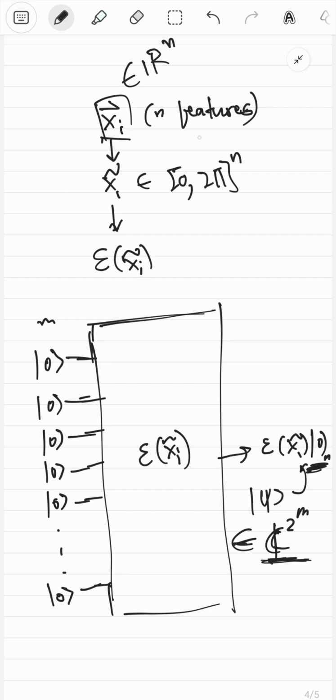But now these n features, you have encoded them in some m which is comparable to n numbers, right? Usually m is equal to n, but whatever, we don't care. It could be slightly more. What's the big deal? Every single qubit you add is twice the number of basis vectors. So it's an absurdly high dimensional space that we're going to lie in, spanned by 2 power m basis states.